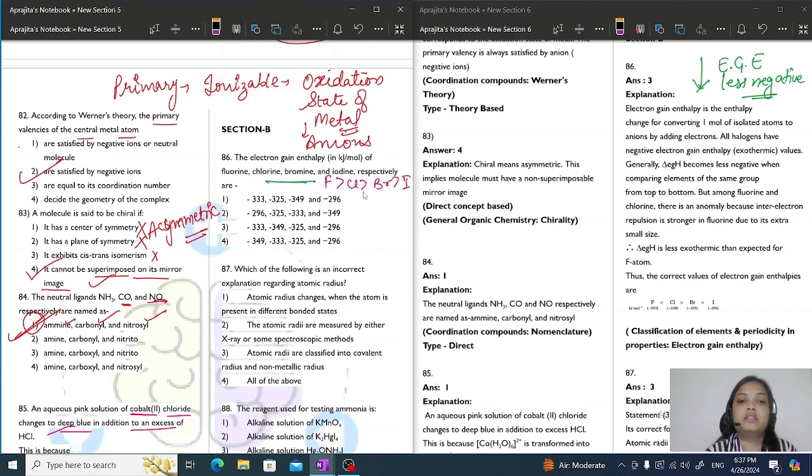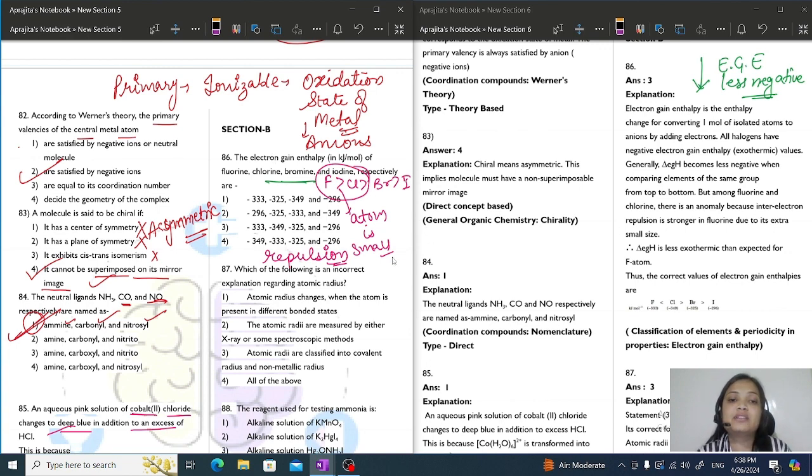But there is a change here in fluorine and chlorine because the size of the fluorine atom is very small. The incoming electron experiences repulsion because of the small 2p orbital it enters. But the chlorine atom is relatively bigger, so the incoming electron does not experience that much repulsion.